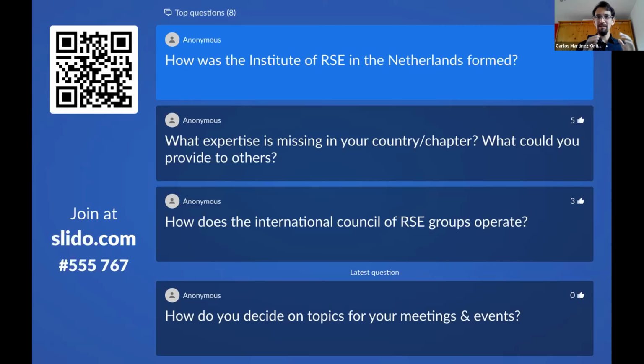Everybody at the Science Center is an RSE, but actually there's RSEs working at universities, at libraries, at different places, and we should create a community of people, including everybody who works at the Science Center, but also the people who do similar jobs in different organizations. So in that sense, the NLRSE grew from the Science Center, inspired by the UK RSE.